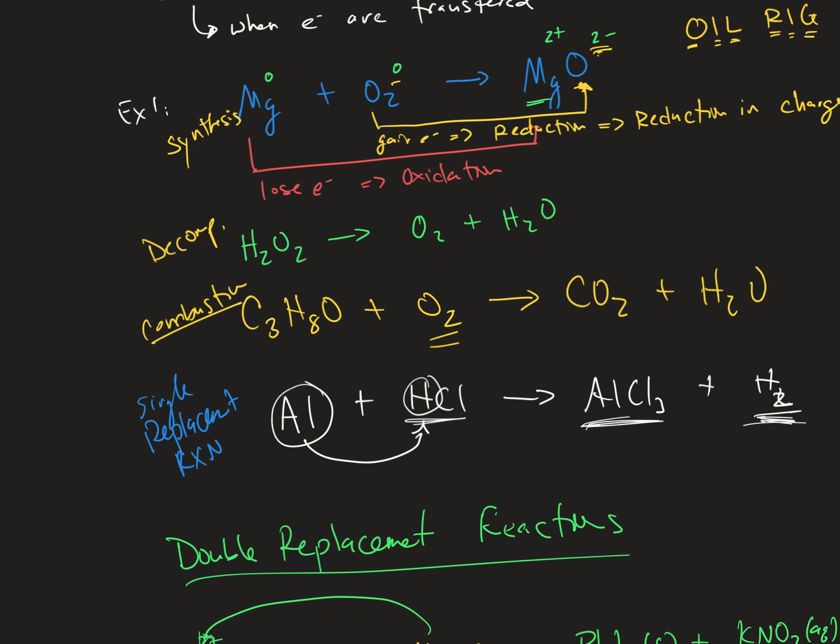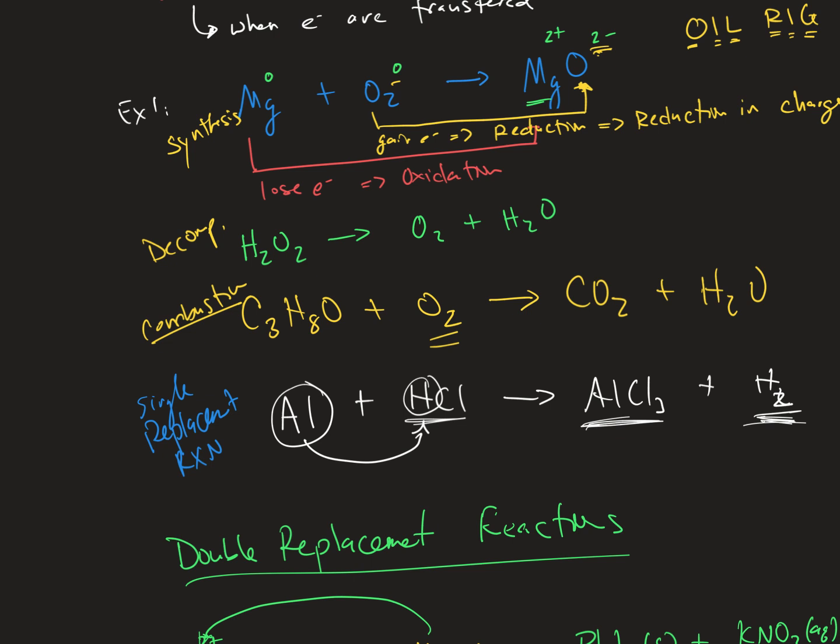So look at this first example: calcium hydroxide, dihydrogen sulfate, or you might want just hydrogen sulfate, produces calcium sulfate and water. What is that? Acid-base reaction. Our acid is our H2SO4. We got the H in front.